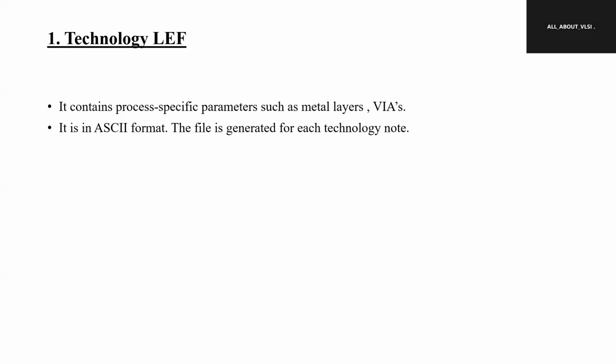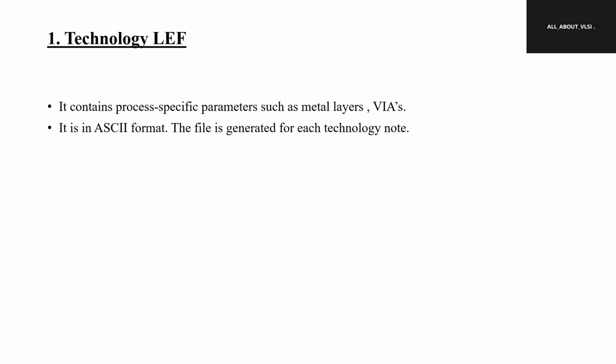Actually, this technology LEF file is in ASCII format. I think you guys are familiar with what is meant by ASCII, right? American Standard Code for Information Interchange, which means it is human readable language. The technology file is in human readable language, and a file is generated for each technology node, right? So if we are working with 28 nanometer technology, it has some parameters related to 28 nanometers.